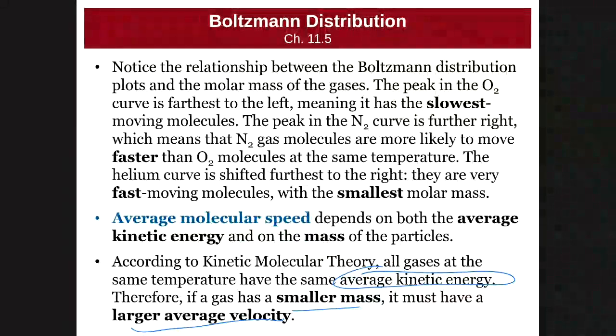So all of our smaller molecules, our helium molecules, which are only 4 grams per mole, are going to have a much higher velocity than our bigger molecules like oxygen, which has 32 grams per mole. That's going to move much slower. So slower velocity, higher mass. Smaller mass, higher velocity. So they are inversely related.